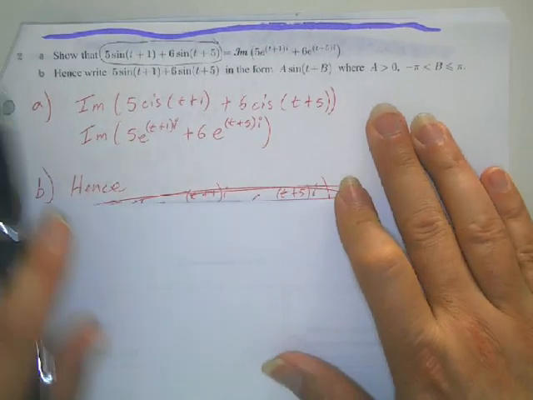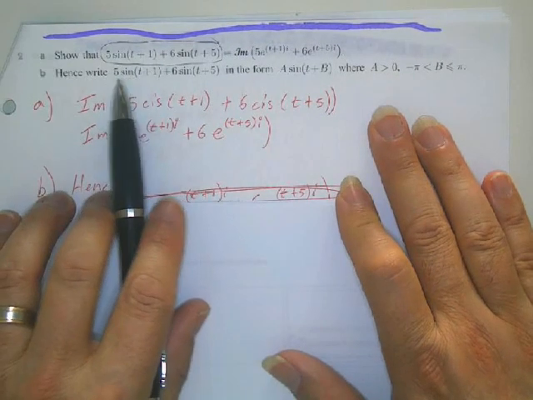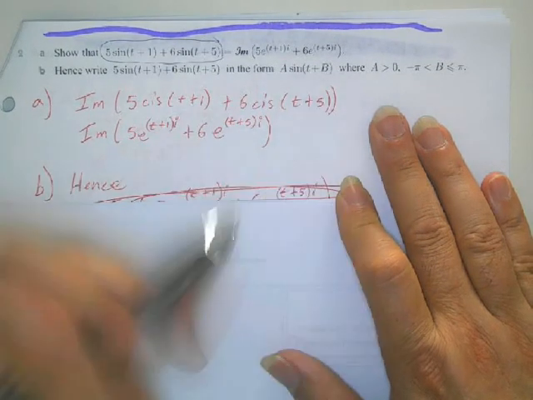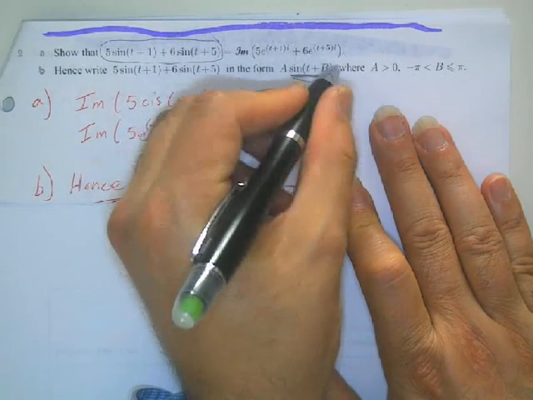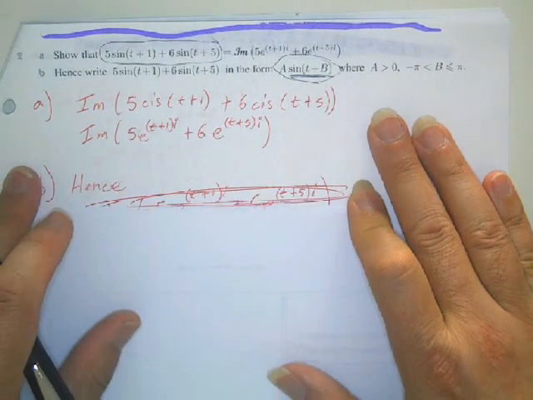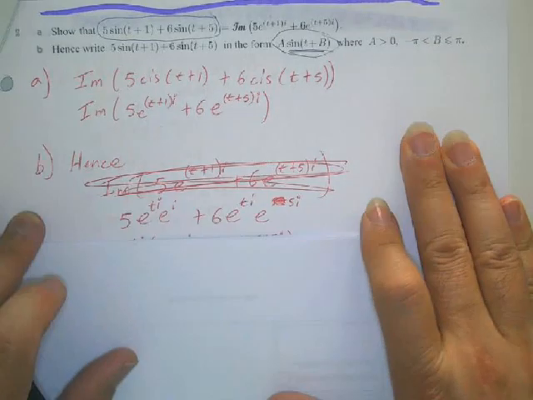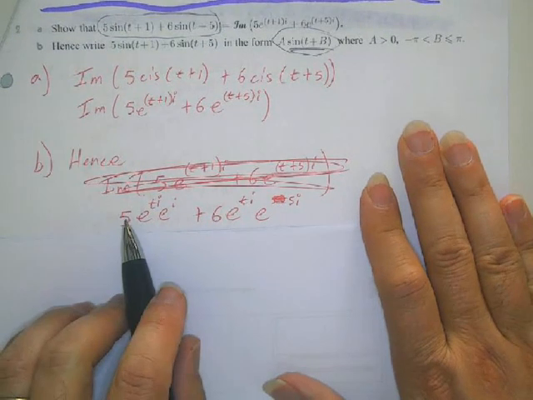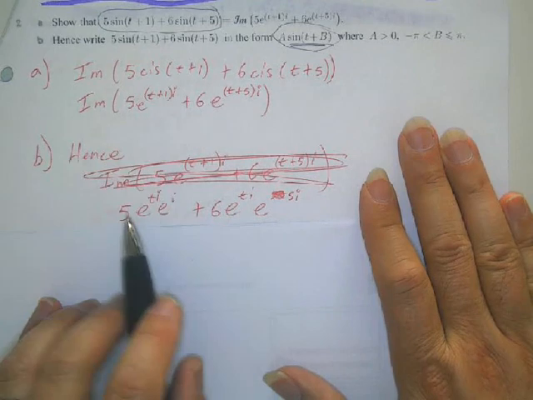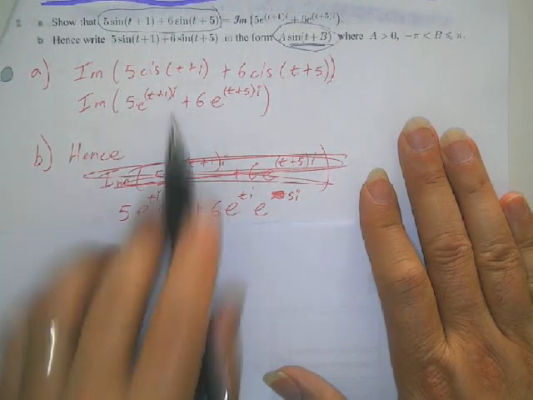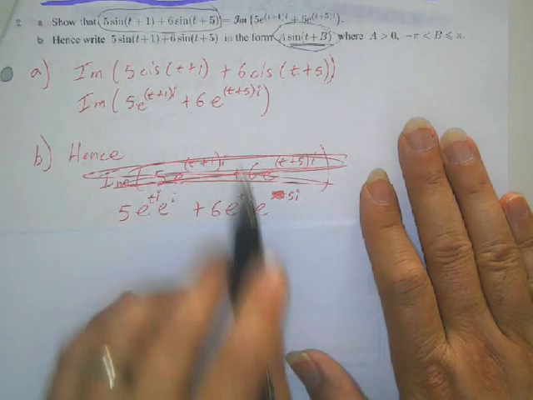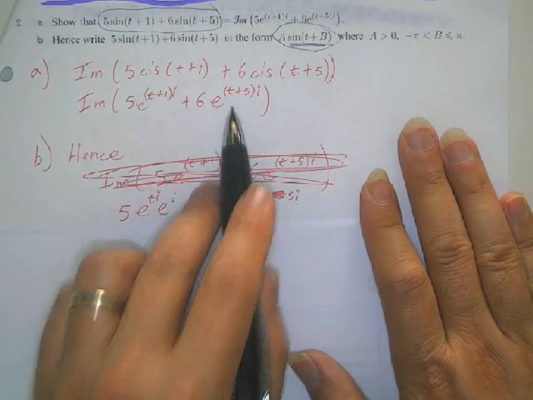So we want to write 5 sine t plus 1 plus 6 sine t plus 5 in a single function. So I'm just separating this out: 5e to the ti times e to the i plus 6e to the ti times e to the 5i.